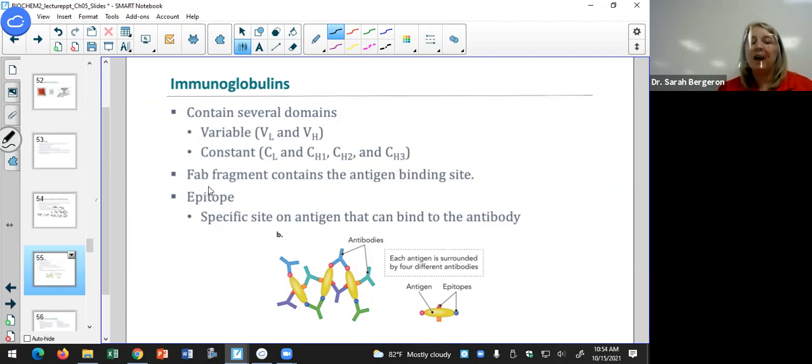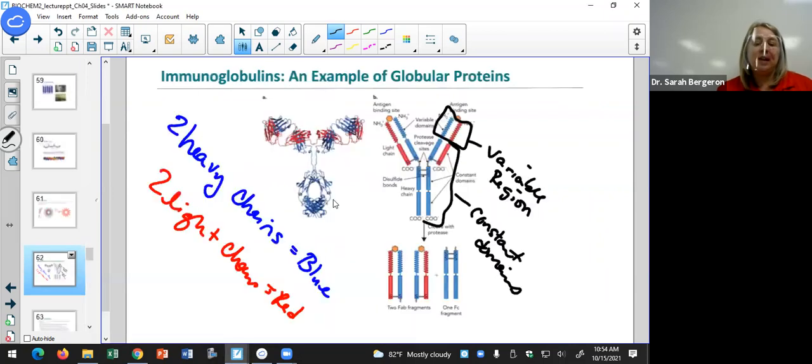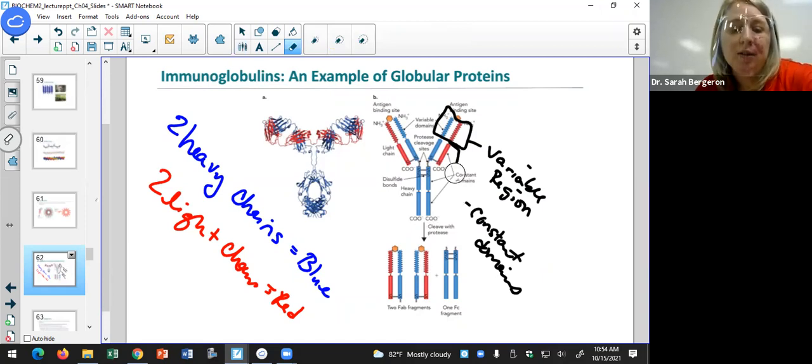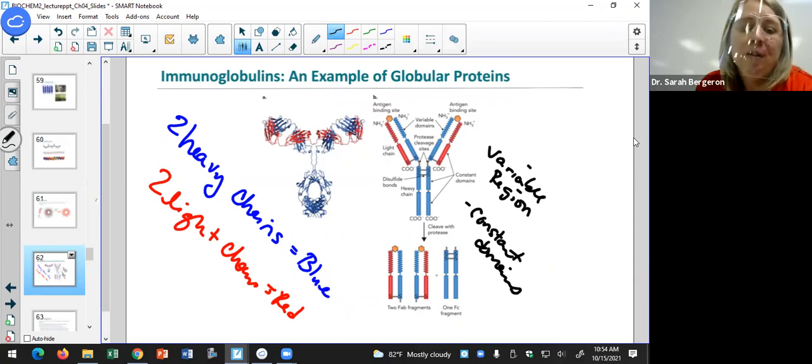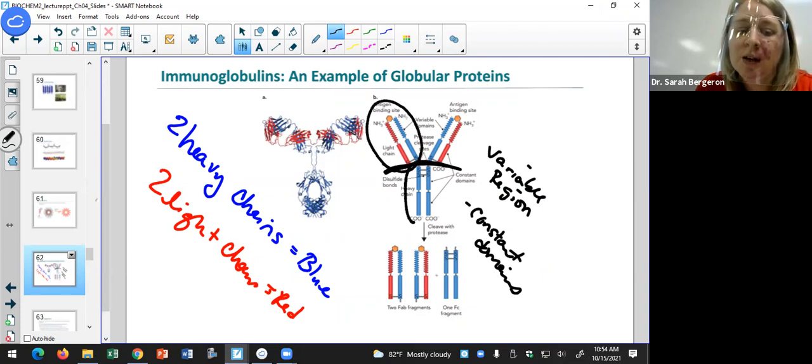So then we divide the immunoglobulin into different fragments. So remember we said that you can treat these antibodies with a protease. And what does the protease do? It cuts right here. So what do you end up with? A small fragment and another small fragment, right?